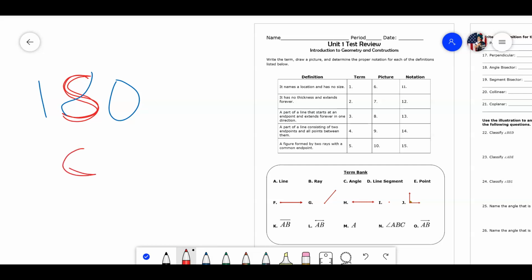And then when you think of complementary, I want you to think of 90 degrees, okay? Supplementary makes 180, two angles that add up to 180. Complementary, two angles that add up to 90, okay?